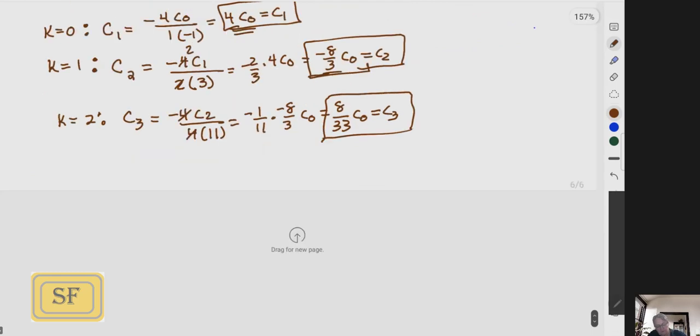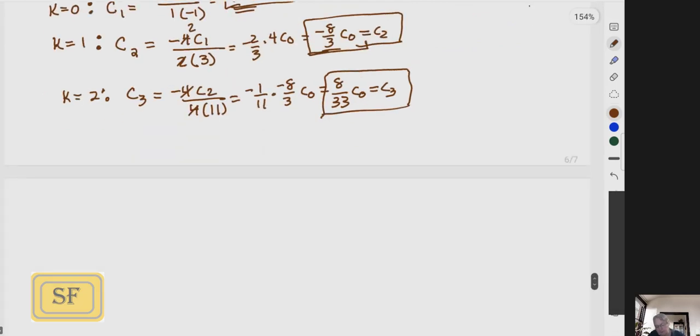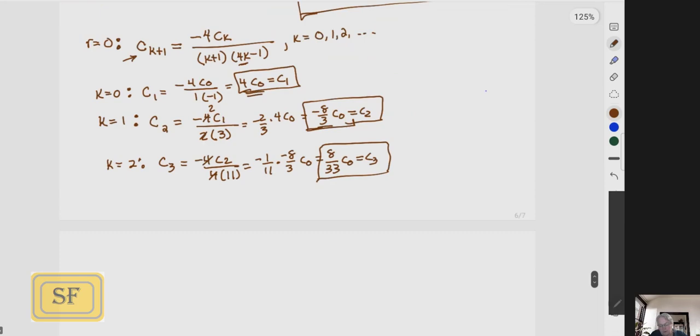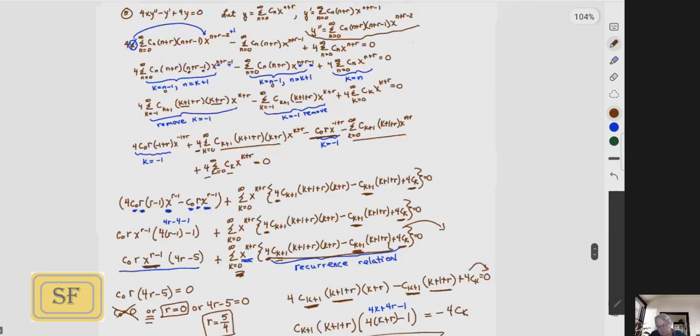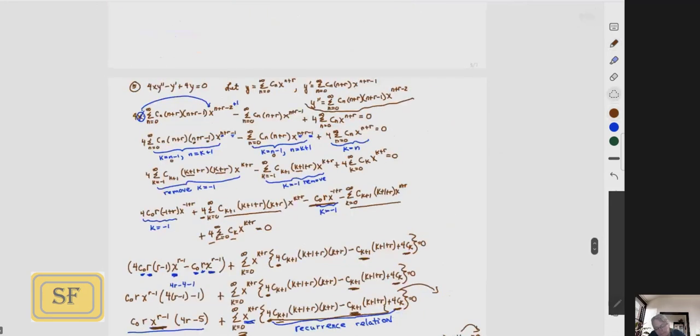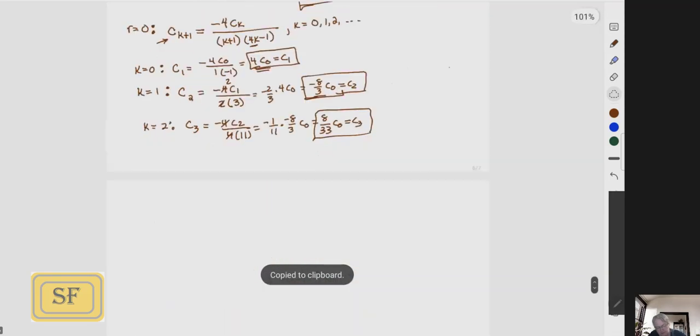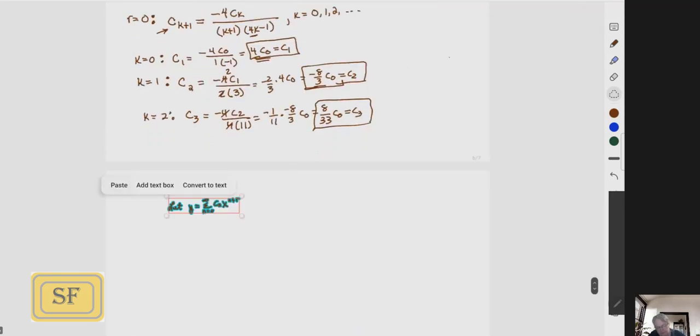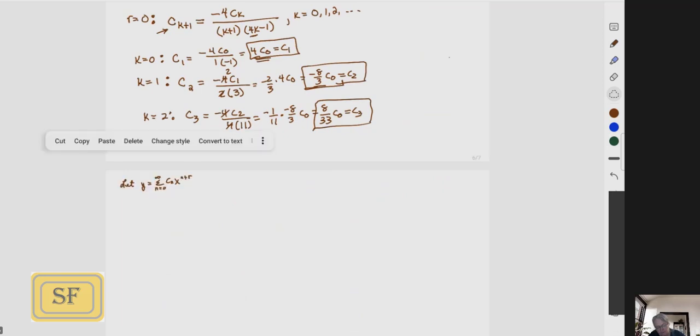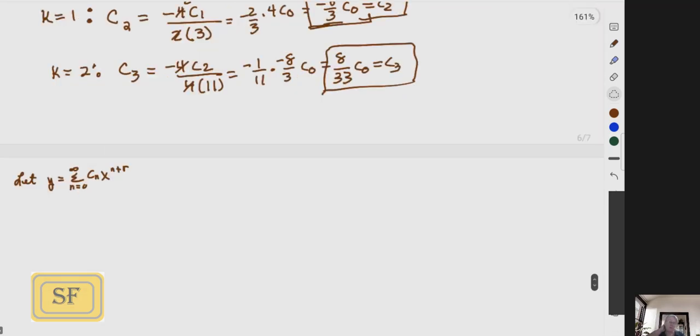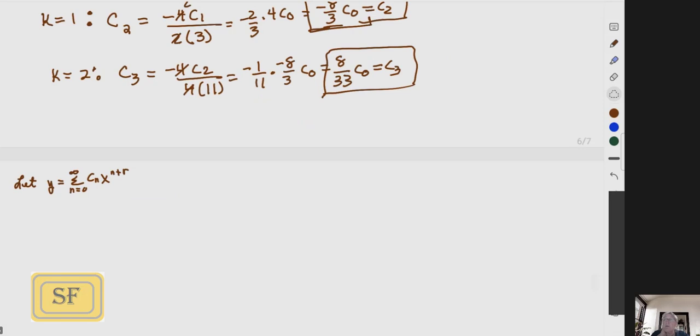So let's see what this solution looks like. For r equals 0, remember that our solutions look like this. The sum as n goes from 0 to infinity, c sub n x to the n plus r.